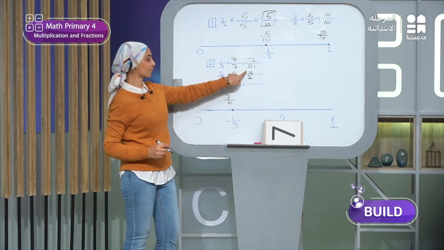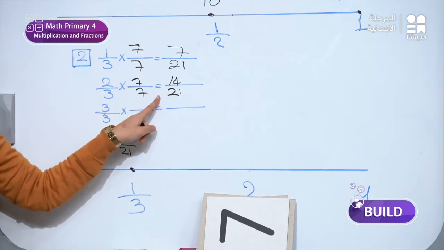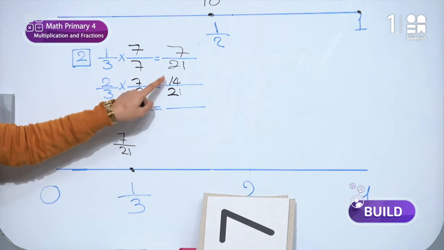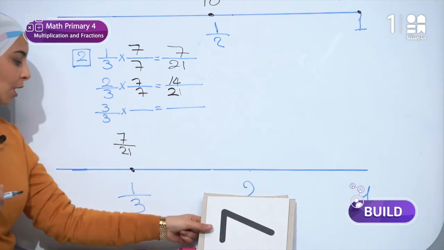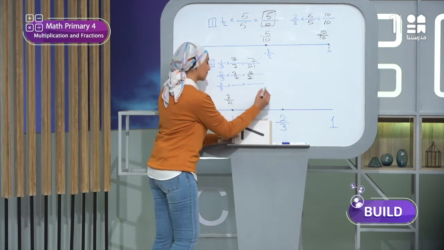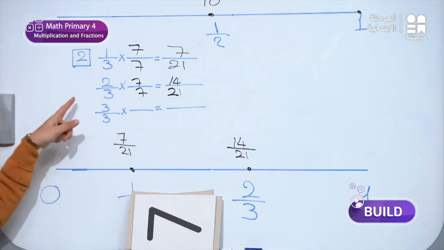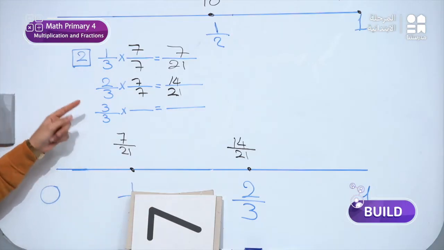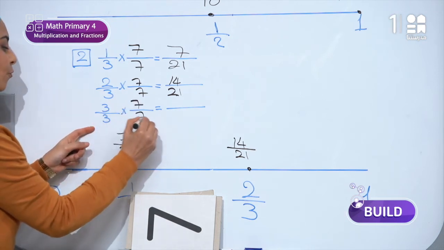يبقى دلوقتي الفراكشن بتاعي 14 over 21, which is equivalent to which fraction? Of course, 14 over 21 equivalent to 2 over 3. So I will go here to 2 over 3, and I will write the equivalent fraction, which is 14 over 21. تعالوا نشوف بقى third fraction. Here I have 3 over 3. I will multiply it by 7 over 7.